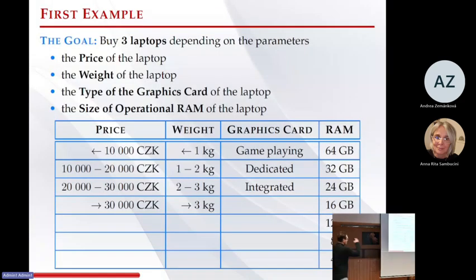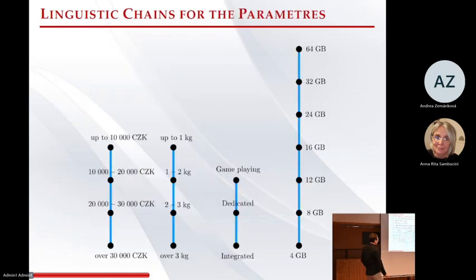We buy 3 laptops and we have these 4 parameters divided into these categories: price, weight, graphics cards, and operational RAM. Based on these parameters, we can divide into chains. So for each parameter, we create a chain. A chain is a distance stable lattice.